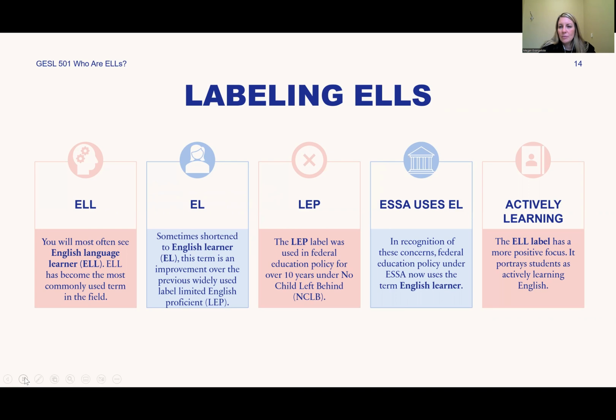So we've wiped that L away. ESSA, or the Every Student Succeeds Act, uses EL, English Learner, in their policy. Also, the ELL label has more positive focus. It portrays students as actively learning English.